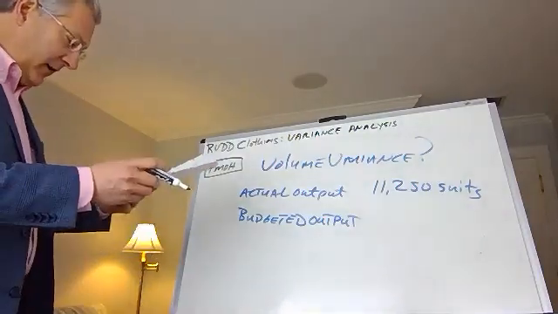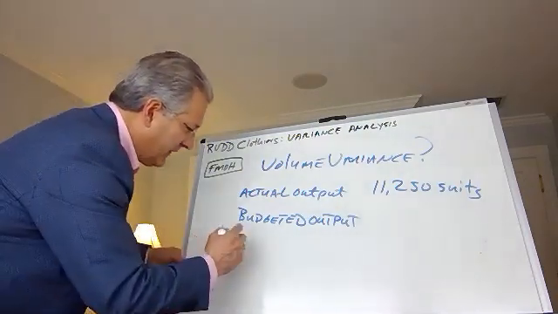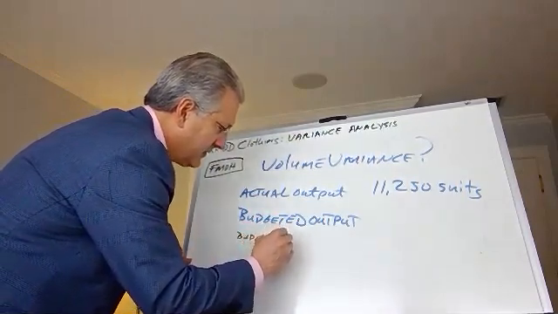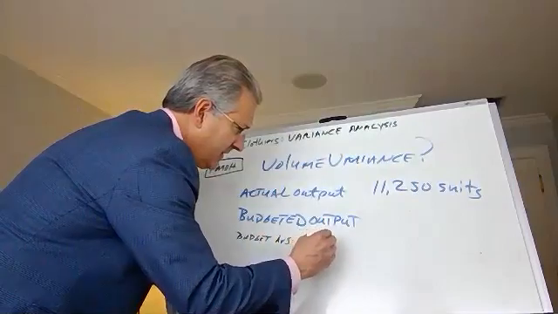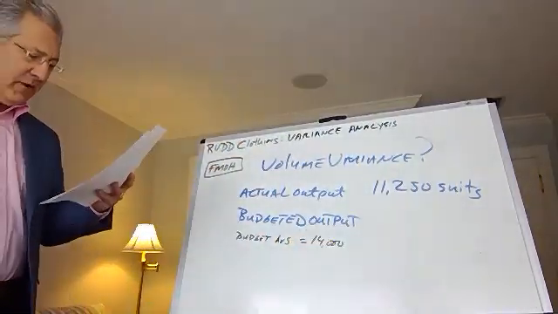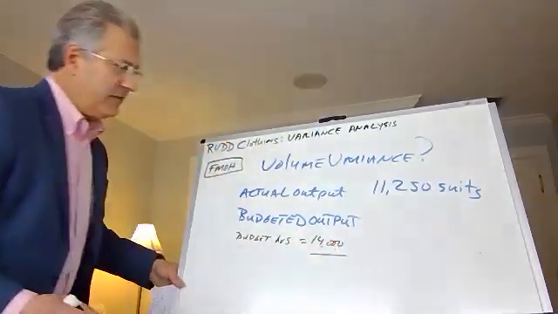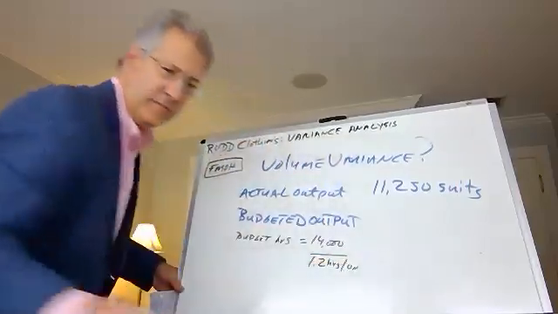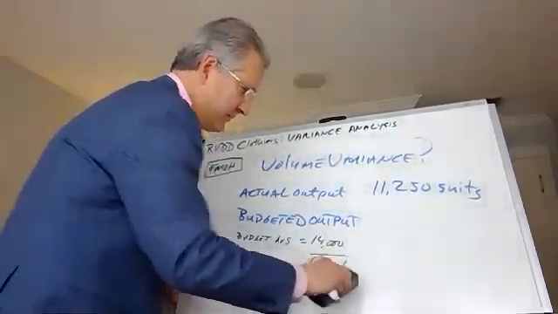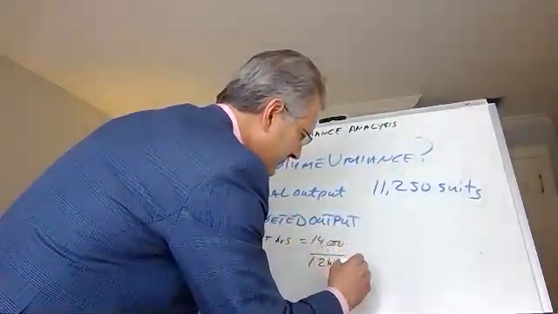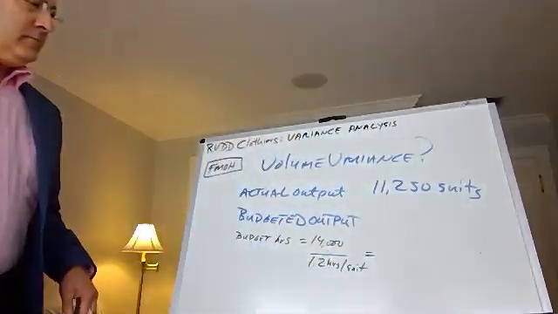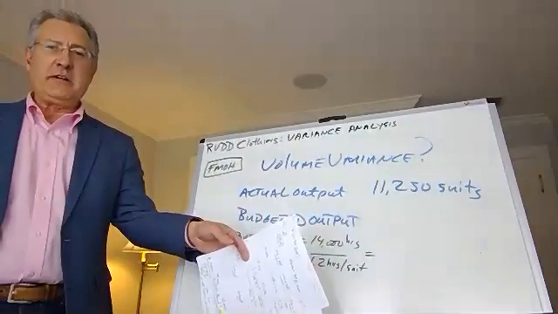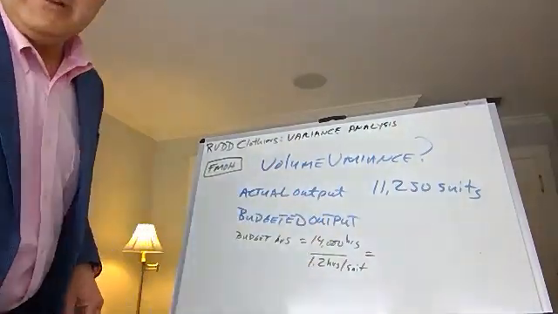What we do know is that the budgeted hours were 14,000 hours, and we also know that they estimated 1.2 hours per suit. 14,000 hours was budgeted, and they budgeted 1.2 hours per suit, which means what?